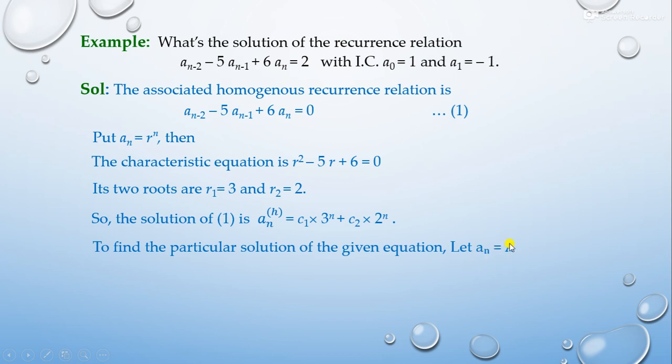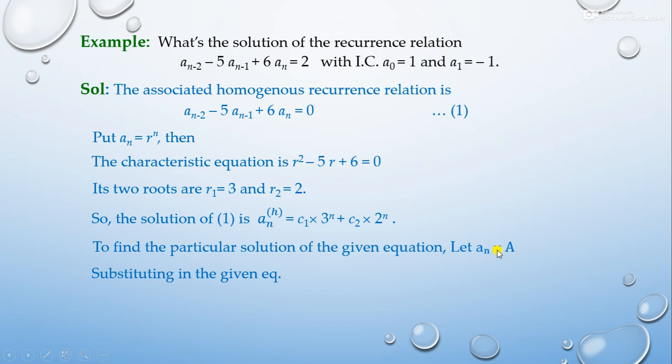Now put this an value in the given recurrence relation. Because an is equal to a, a constant quantity, what is the value of an minus 2 if I ask you? an minus 2 also becomes a constant. What is the value of an minus 1? That is also constant, because here we have no term of n, we have only a constant.